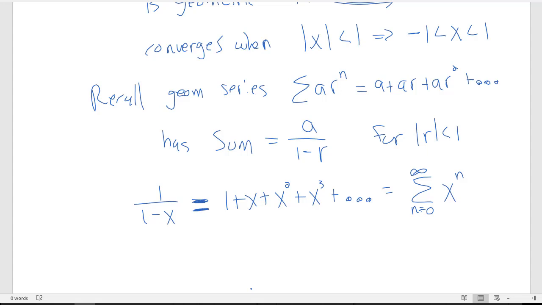Okay, so in our very first example, we had that the sine of x equaled its Taylor polynomial, right? Its power series. Now we have the function 1 over 1 minus x has a power series. So far we see two functions, sine x and 1 over 1 minus x, that have a power series representation.